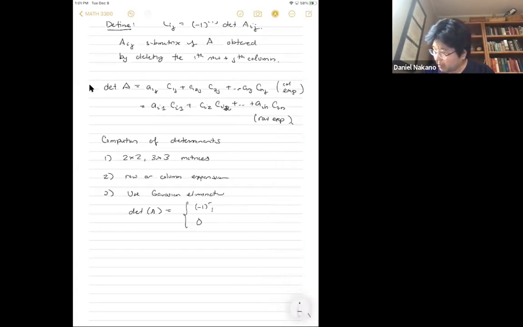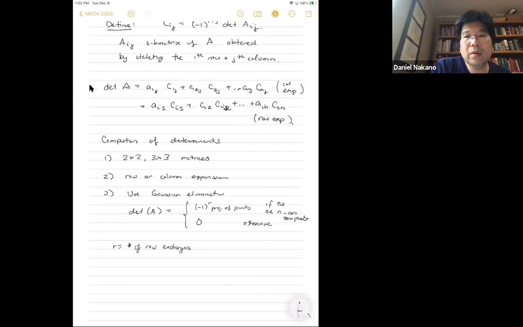So this is the product of the pivots, if there are n non-zero pivots. And if there are not, it's going to be 0. And here R is equal to the number of row exchanges. Okay, any questions on how to compute determinants?